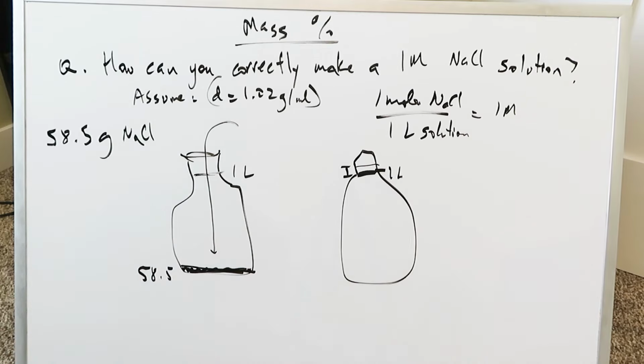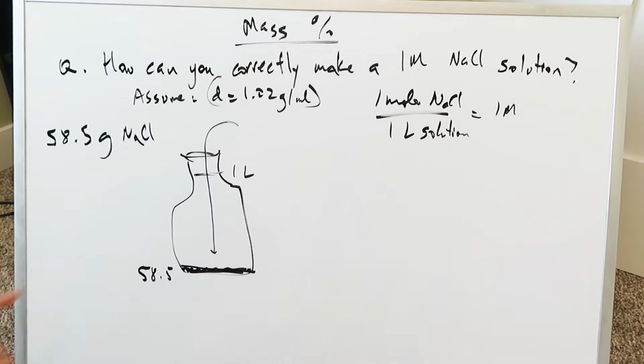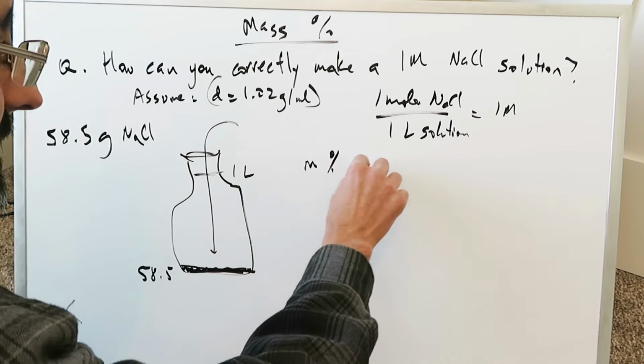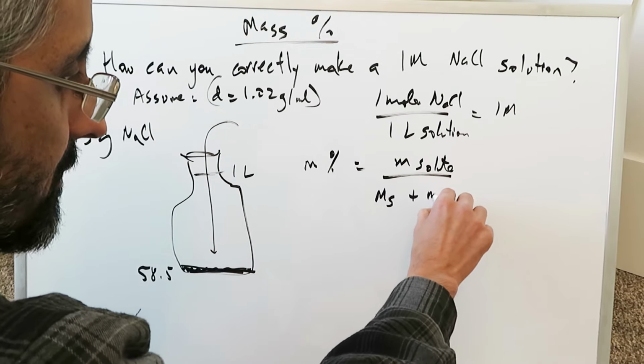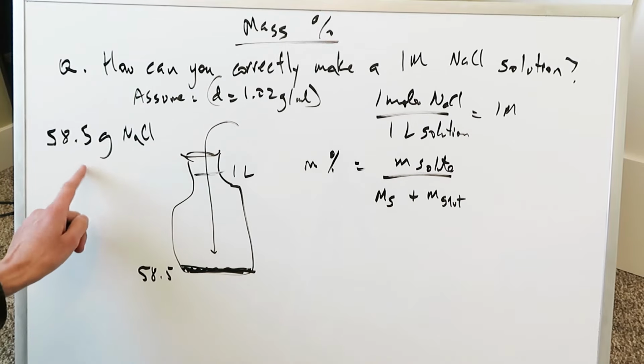But how much water do we need to add? Given we already have 58.5 grams, that's where the mass percentage calculation and the density come in. Mass percent is equal to mass of solute divided by mass of solute plus mass of solvent. We know the mass of solute is 58.5.